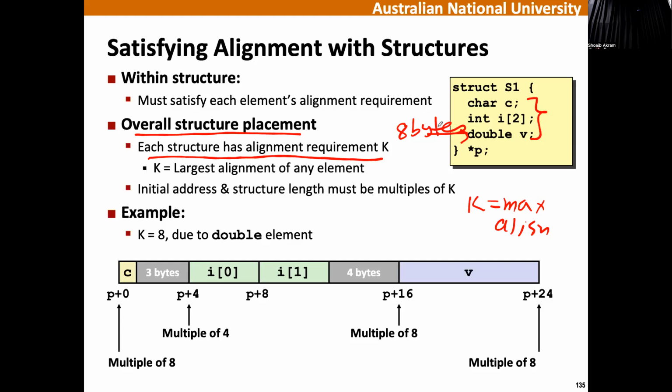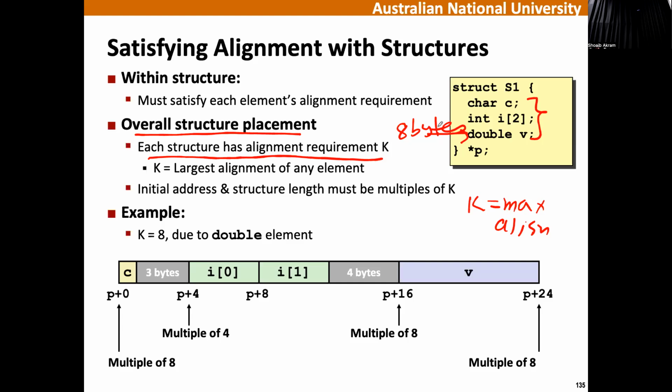Doesn't that still satisfy one, but not satisfy the overall one? You can satisfy the alignment requirement of an individual struct by moving things around, but when you put them in an array, there you will have a problem.